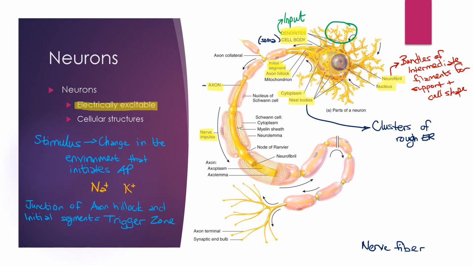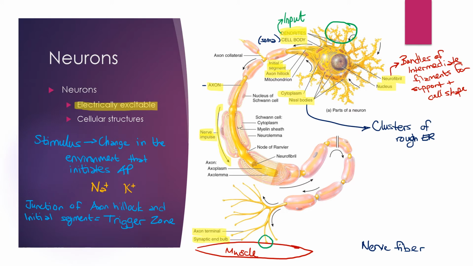Now this action potential is going to travel down the axon till it gets to the axon terminal, and then to the synaptic end bulb, where there's going to be another cell. Could be a neuron, could be a muscle cell or a gland. For example, here it's a muscle, which that synaptic end bulb is going to make contact with.